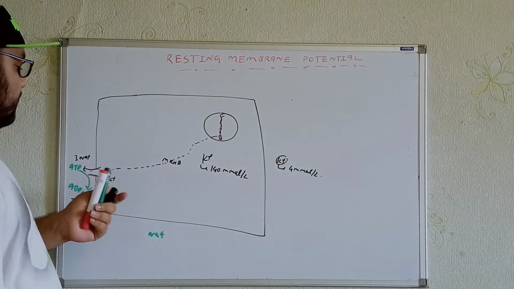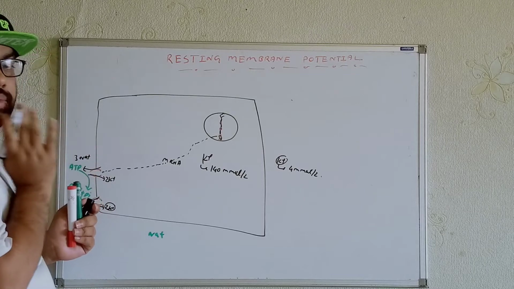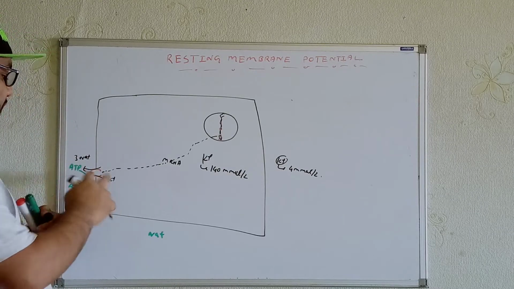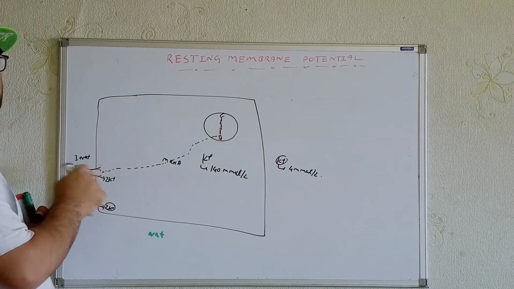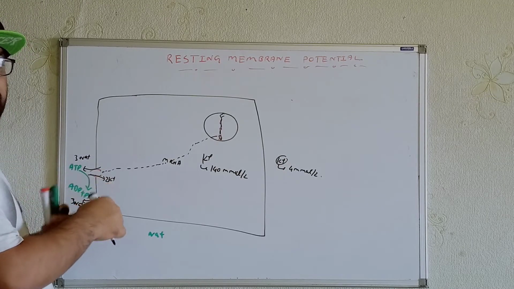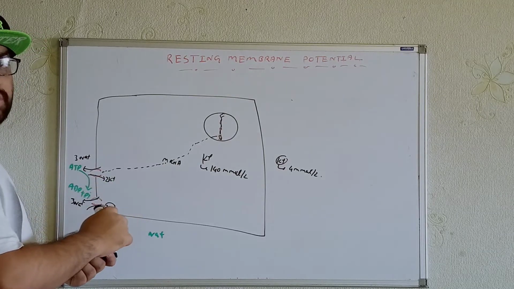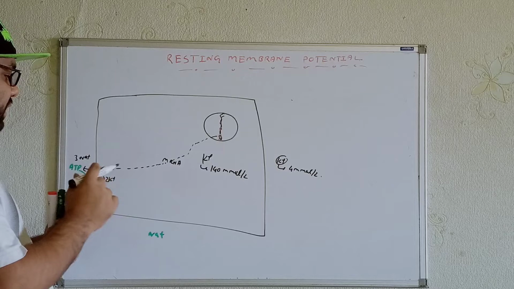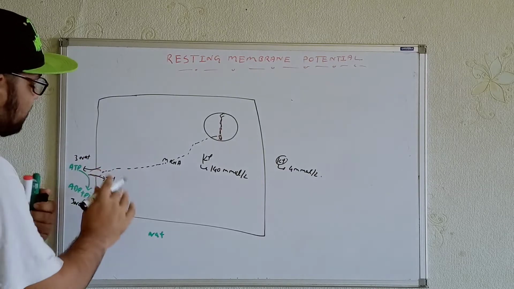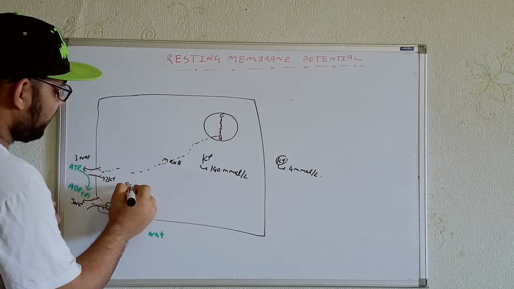Now, if we consider that the pump works for 1,000 times, for example, then 3,000 molecules of cation are going out and 2,000 molecules are going in. As a result, we can see a deficiency of cations within the cell, so we will get some negative voltage over here. And I am just assuming that I am getting around minus 5 millivolt.